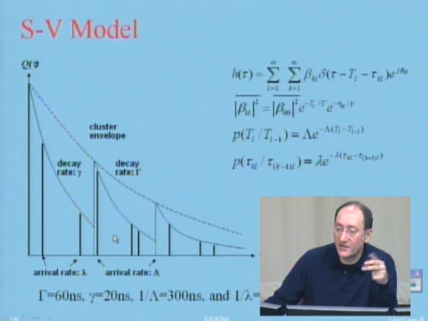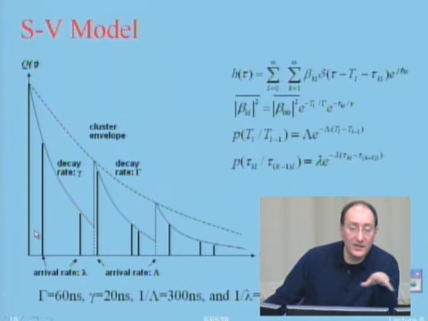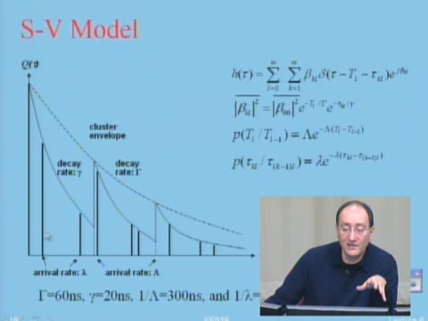The other difference is that the arrival of the paths in the 802.11b model is fixed, and in here it is random. They assume that these arrivals are Poisson, which means that each path arrives independent from the previous path.